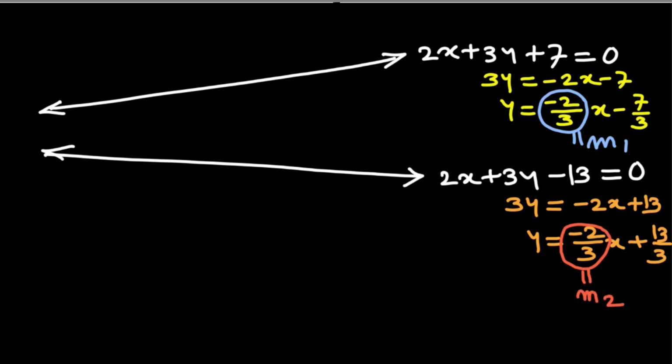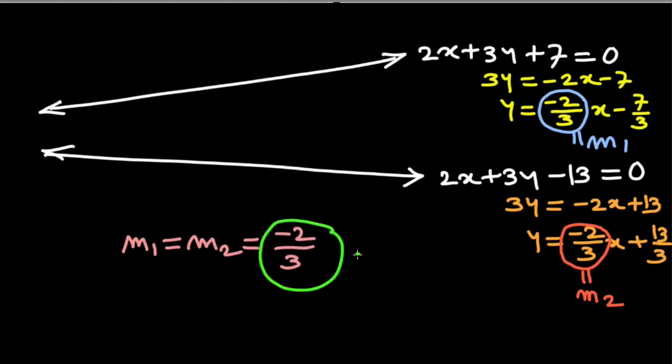Now since the slopes of these two lines, m1 equals m2 equals minus 2 by 3, are equal or same, we say that the lines 2x plus 3y plus 7 equals 0 and 2x plus 3y minus 13 equals 0 are parallel to each other. Please note that when two lines are parallel, the coefficients of x and coefficients of y are in the same ratio or they are proportional.